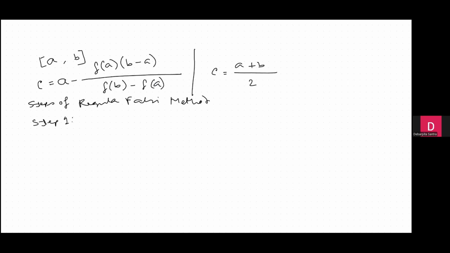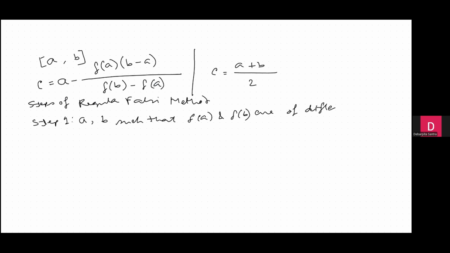Step 1 is we choose two initial points, A and B, that will be given to you, such that f of A and f of B are of different signs.